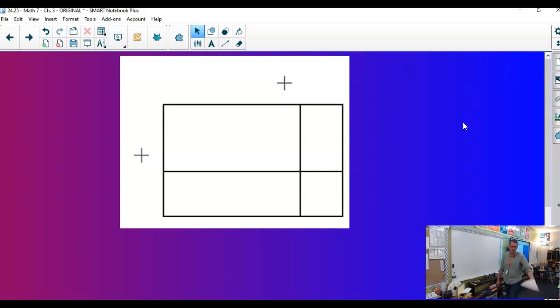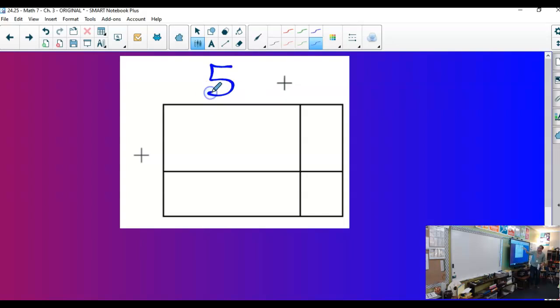I guess I can use cards to get everyone to participate. So, Callum, what do you want me to put on top? 5.06 on top? Okay. Now, I'm going to follow what Callum told me to do, but I would have actually put my first number on top, but it doesn't matter.